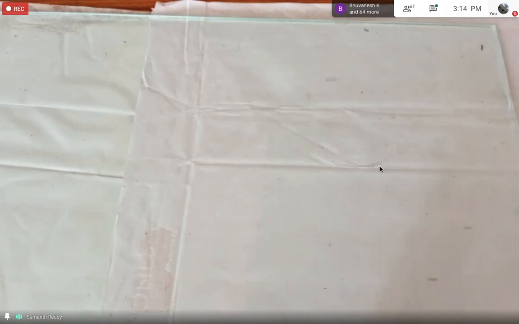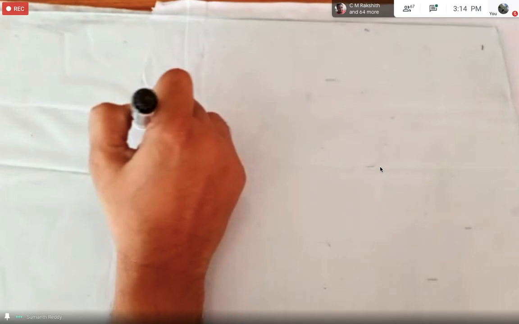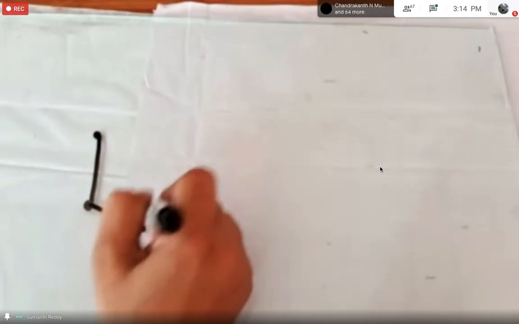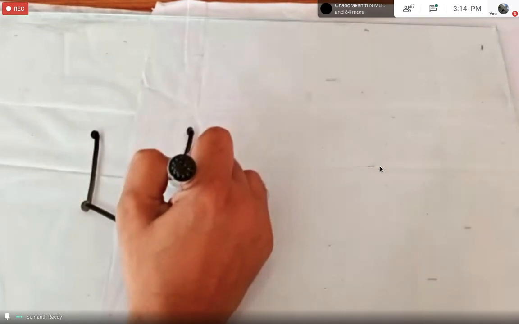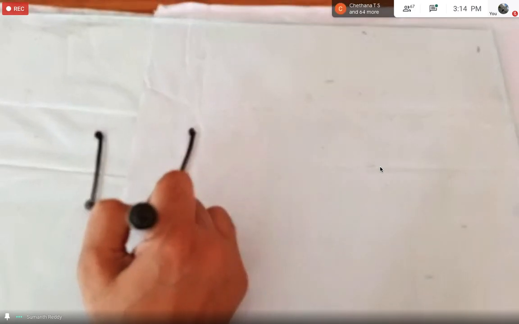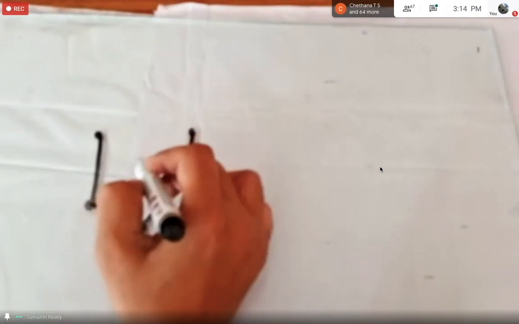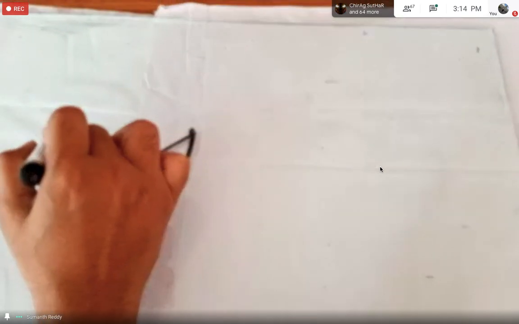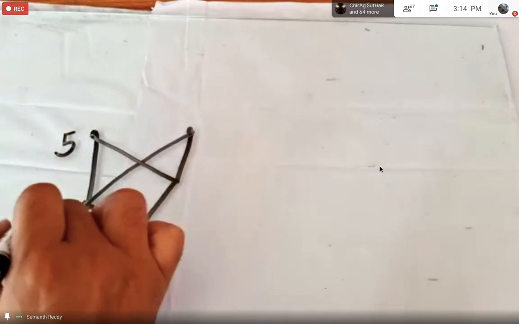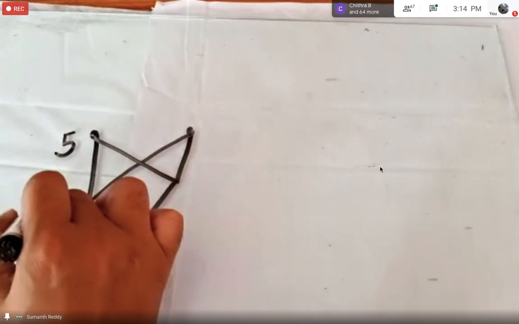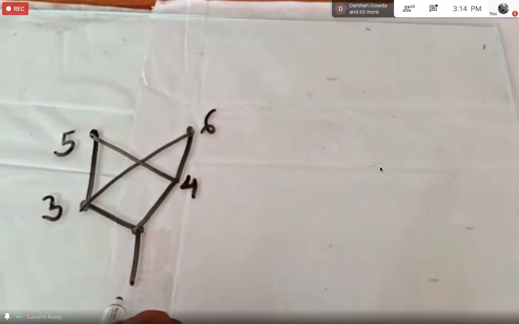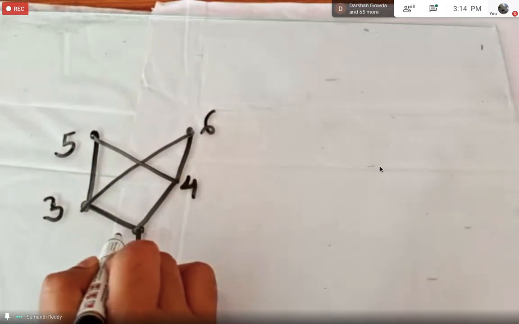Okay, so let me continue with the next example first. So I'll take this example now. So this is 3, this is 4, this is 6, this is 1, and this is 2.